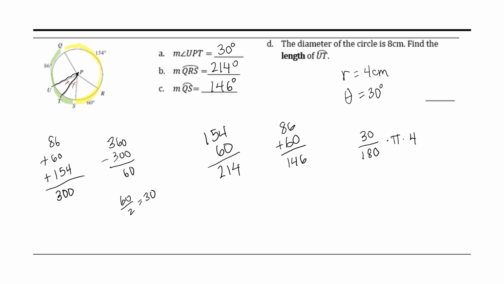Actually, I can reduce 30 and 180. First I can cancel the zeros. 3 over 18 would be 1/6 times 4 pi, and I can reduce the 6 and the 4, so I can make this 2 and 3. So it's going to be 2 over 3 pi. And then this is a length, so the units would be centimeters.